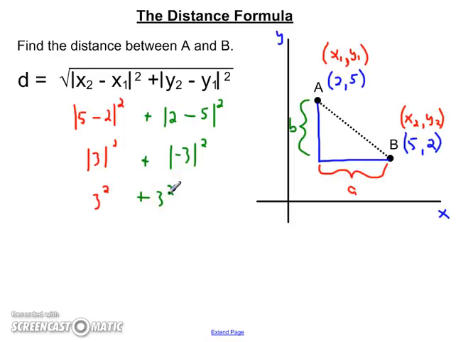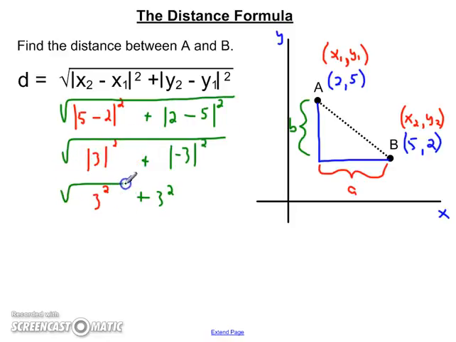And then in the end, you remember in the last section, we'd end up taking the square root. Well, that's what this formula is going to do for us, because what I haven't written down as we go along is the square root part, and that square root takes care of what we did in the previous section at the end. 3 squared is 9. 3 squared is 9. 9 plus 9 is 18.